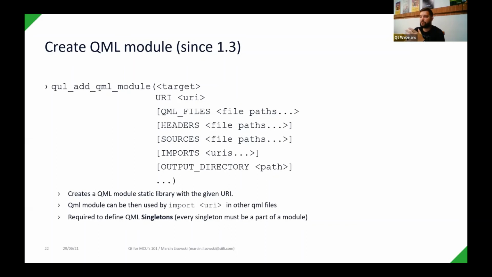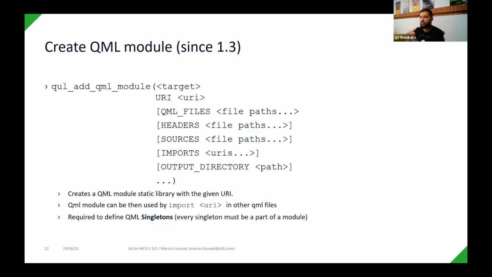And let's review the arguments. URI will define the URI, which will then be used in other QML files to import your module. List of QML files, of course, to define your module things inside. The headers, if there are any. Sources, if there are any. You can also provide the imports that your module requires, and output directory to redirect the compilation artifacts.